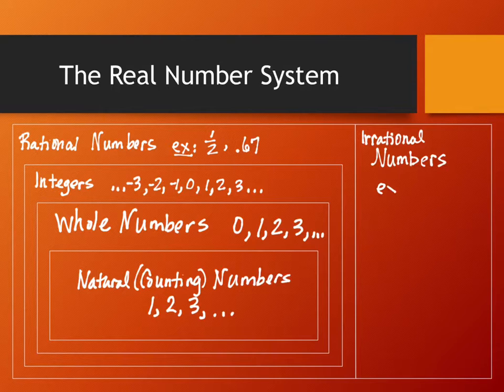For example, the number pi is irrational. Why is it irrational? Well, it can't be written in fraction form with a whole number or an integer on top and bottom. Sometimes we approximate it as 22/7, but that's still an approximation. Or we'll approximate it as 3.14, but that's still an approximation. It has more decimals that extend beyond that, and they never repeat.